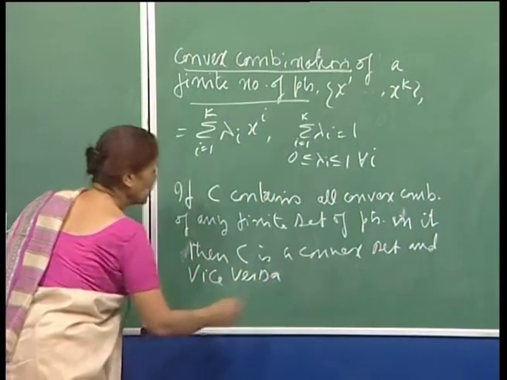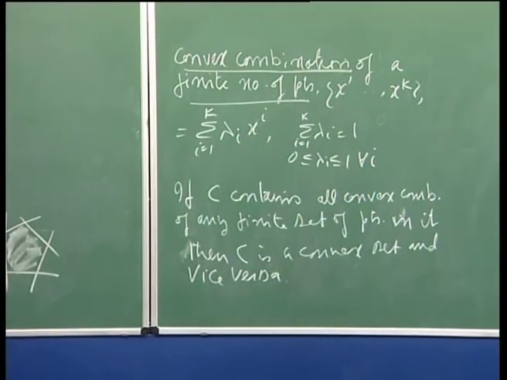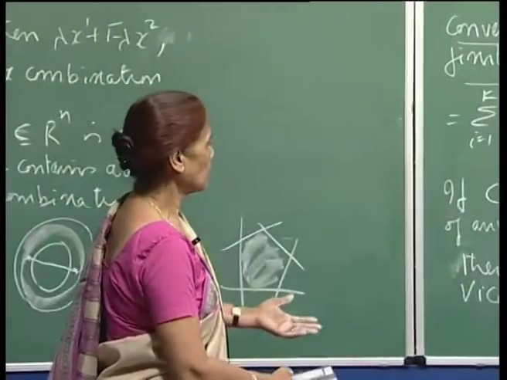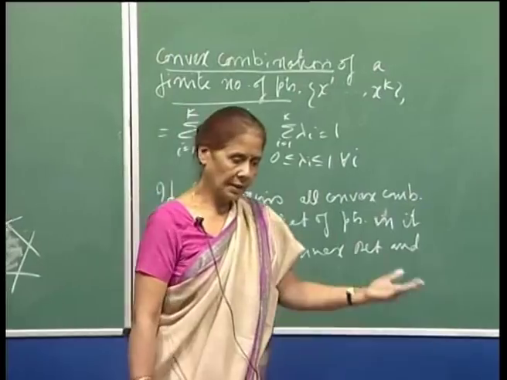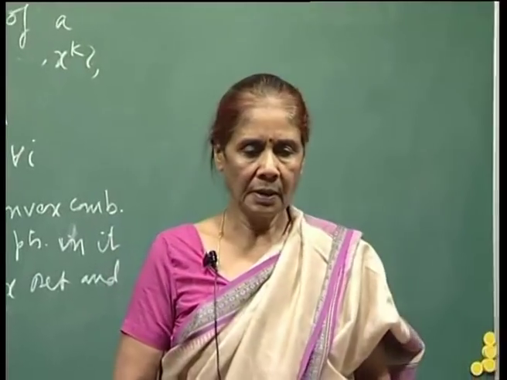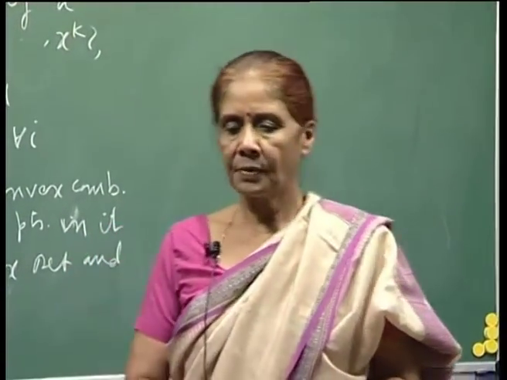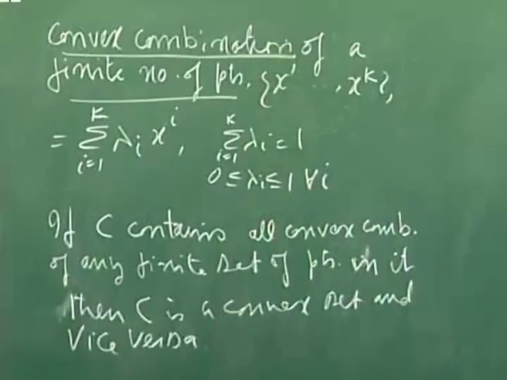Same thing, if and only if. That is, if C is convex, it must contain all convex combinations of any finite set of points in it, and if it contains all convex combinations of any finite set of points in it, it is convex.